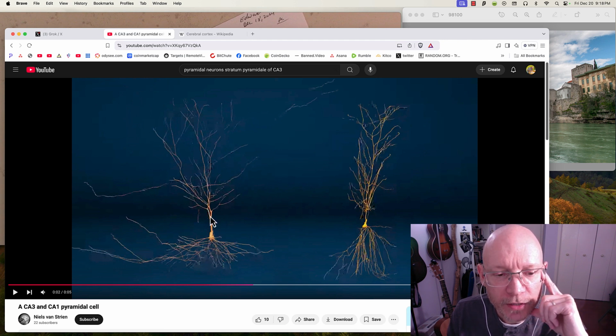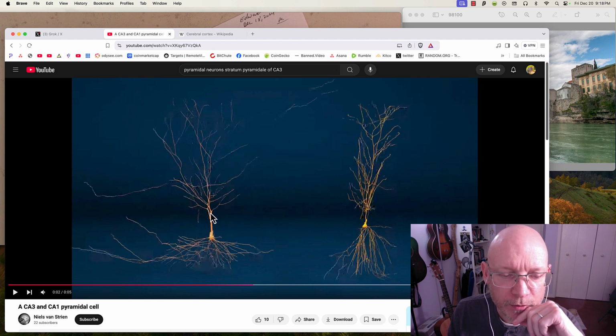And what I'm finding is that it depends on how much myelination is on these neurons. So if they're wrapped and secured, it may have a faster impulse.